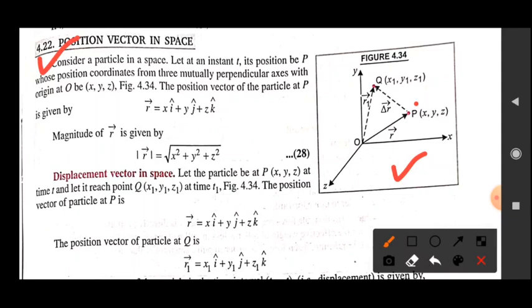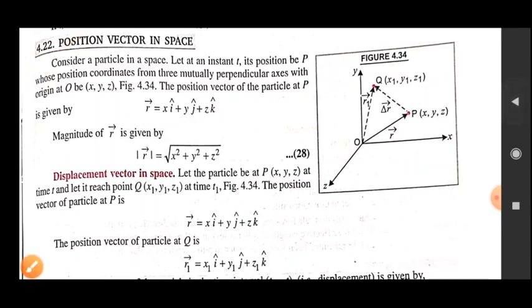The position vector of the particle at P is given by r equals xi plus yj plus zk. This is known as the position vector representing any point, and its magnitude can be calculated by this formula.